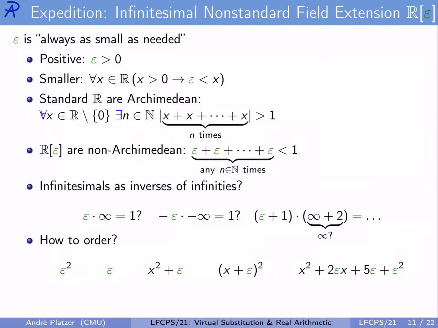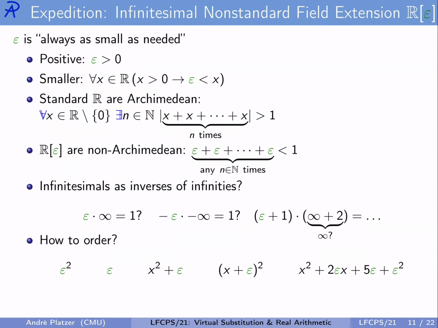So what are these infinitesimals now? Well, this is the non-standard field extension of the reals with infinitesimals, but as soon as we add infinitesimals, we also have to add what an infinitesimal plus an infinitesimal means, what an infinitesimal times an infinitesimal means, all kinds of things. What are these infinitesimals?